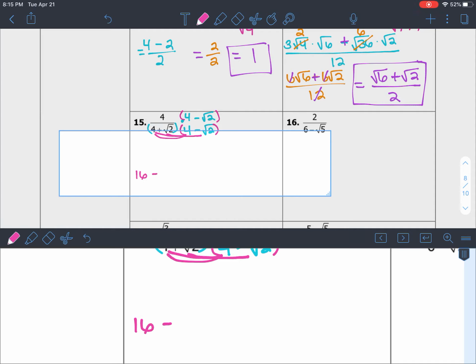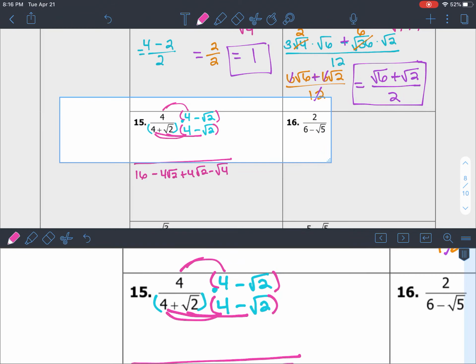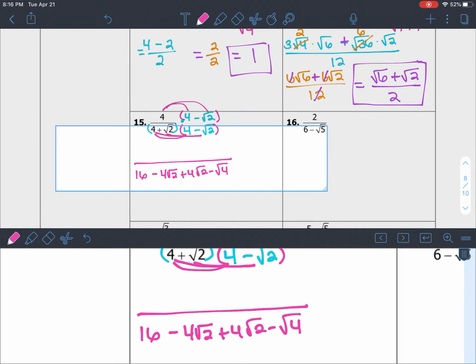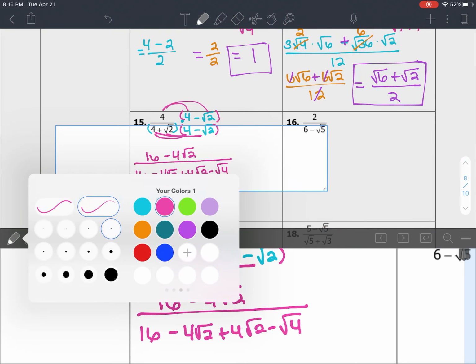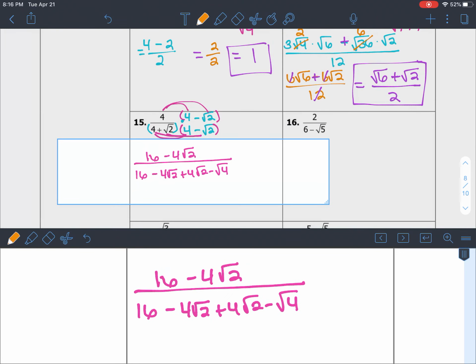So on the bottom, we're going to have 16 minus 4 the square root of 2 plus 4 the square root of 2 minus the square root of 4. And on top, I'm just going to distribute the 4 to everything inside of here. So I'm going to have 16 minus 4 the square root of 2. Now some interesting things happen next.